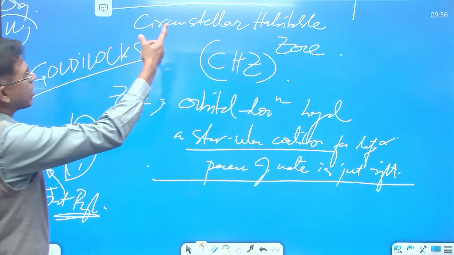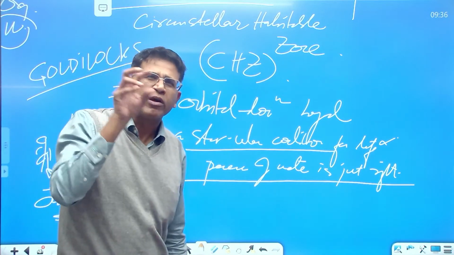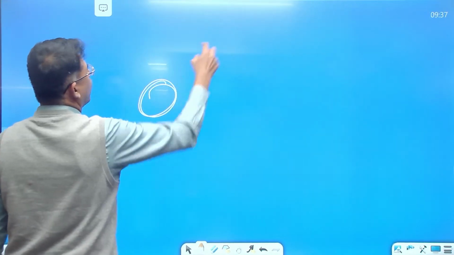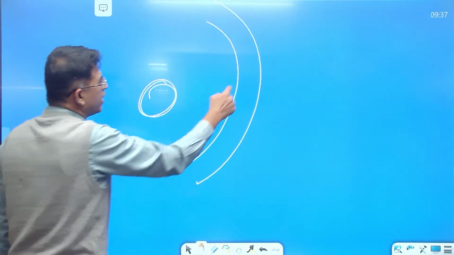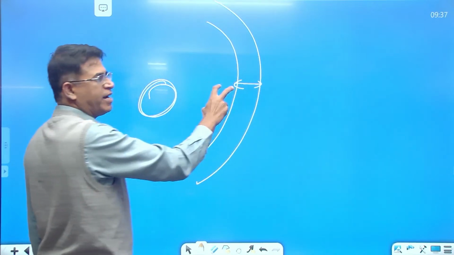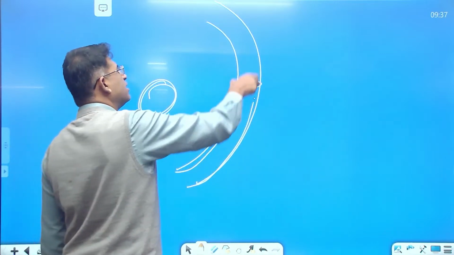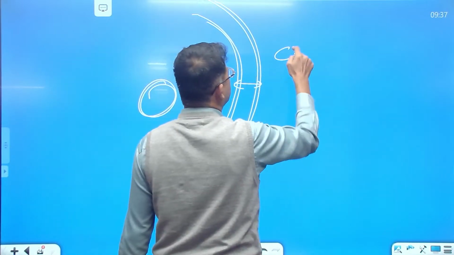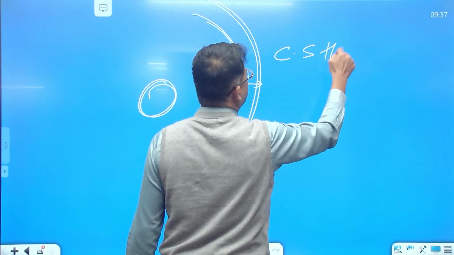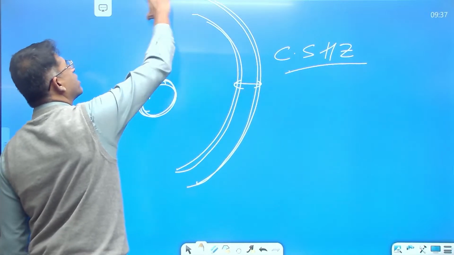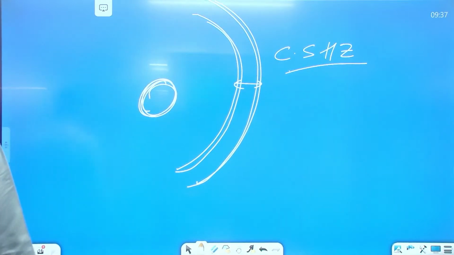So from that they have come up with: what is the location, वो जगह क्या है. So if this is a star, what is that zone, वो belt क्या है, where the conditions are just right for temperature, for water to exist. That zone is called the Goldilocks zone or a circumstellar habitable zone. This is the star; around the star, what is the habitable zone? And we have found the Goldilocks zone to exist in many exoplanets.